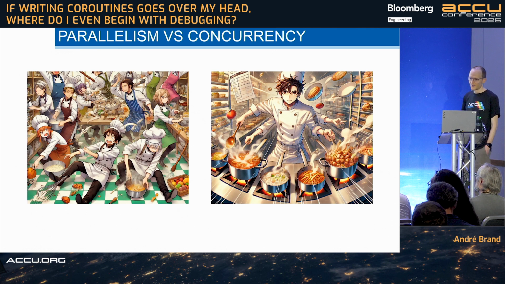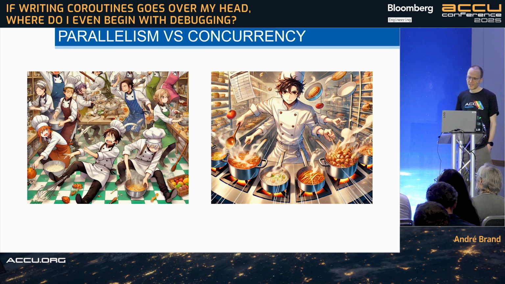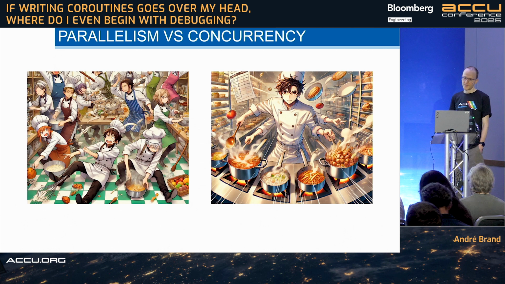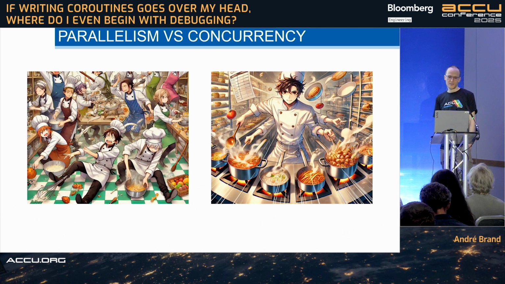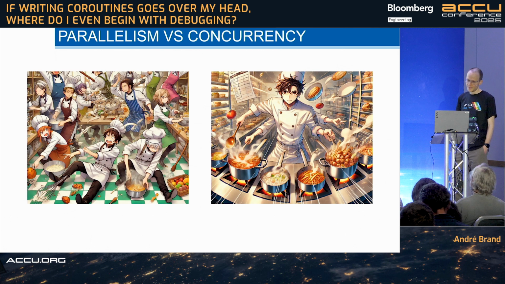Independent tasks, as we got them from the standard library function async in C++, based on threads, works somehow like this. Whenever a guest enters the restaurant, we hire a new chef and assign them the order, which they prepare independently of all the other chefs. To ensure fair access to limited resources, like the oven, each chef is only allowed to use the oven for a fixed time slice of 10 minutes.